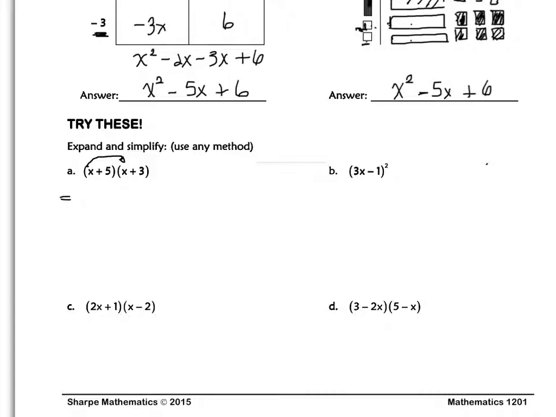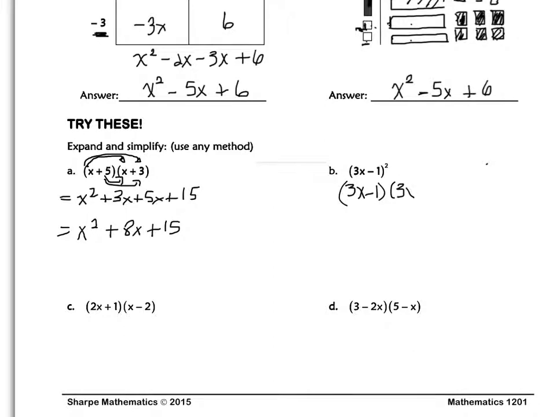So x times x would be x squared, and then x times 3 would be 3x, and then 5 times x would be 5x, and then the 5 times the 3 would be 15. And then you put like terms together, so it'd be x squared plus 8x plus 15. This one here you would have to expand first as 3x minus 1 times 3x minus 1.